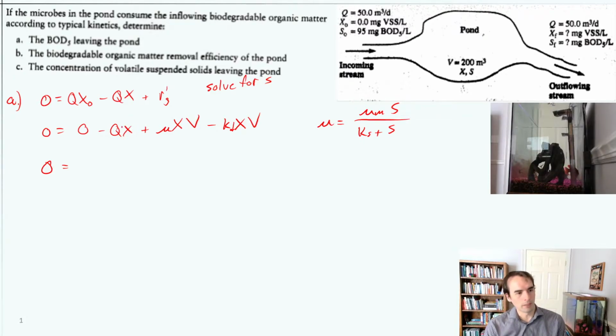If we divide everything by Q, that gives us 1 here, and V over Q is theta. So let's do that. This will be negative theta, because we're going to divide everything by V. We divided everything by X also, so that's just going to be negative theta, plus the X goes away, the V turns into a theta, and V goes away because we divide everything by V.